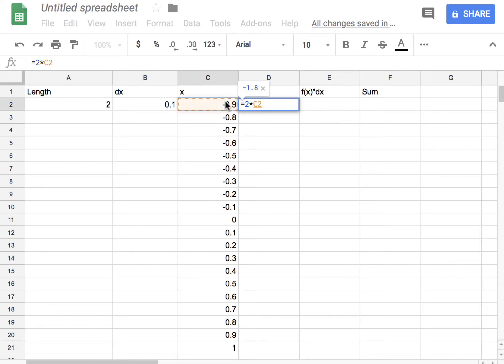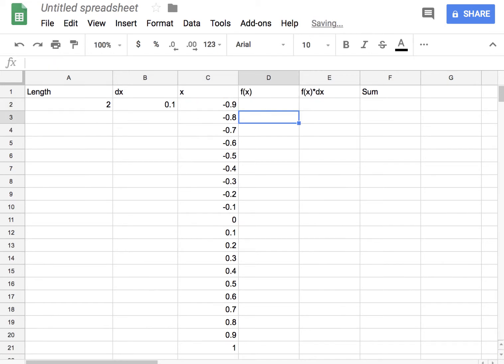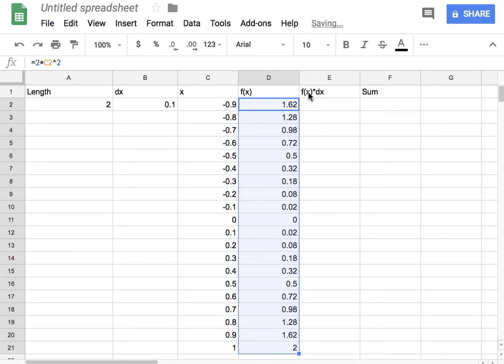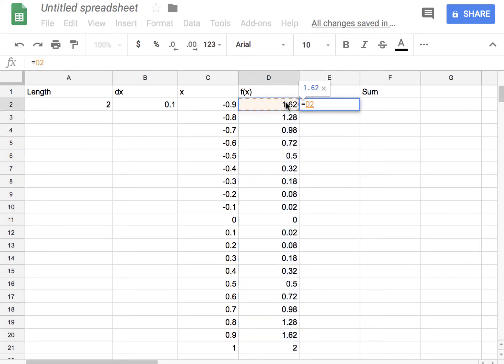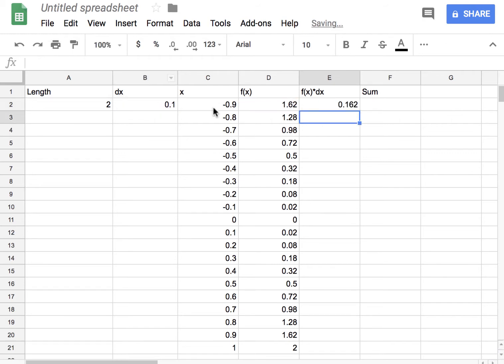So this element squared. And again, scroll down to fill it up. And now we need to multiply that by dx. So this equals that value times our dx. Again, I don't want to scroll away from that, so I put a $ sign, and I'll fill this up.